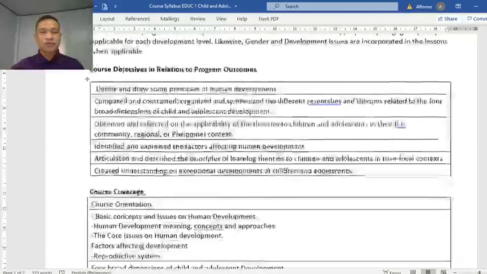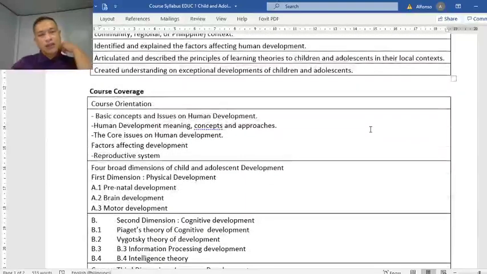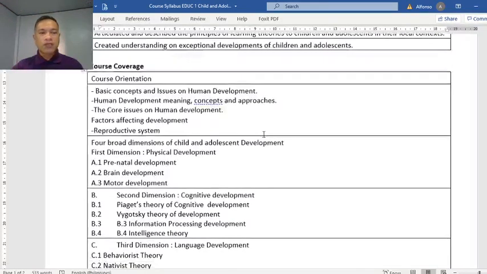Okay, so these are the course content or coverage. What we are doing is a continuation of the course orientation, followed by the basic concepts or issues in human development, the core issues on human development, factors affecting development, the reproductive system, and then we proceed to the four broad dimensions of child and adolescent development.